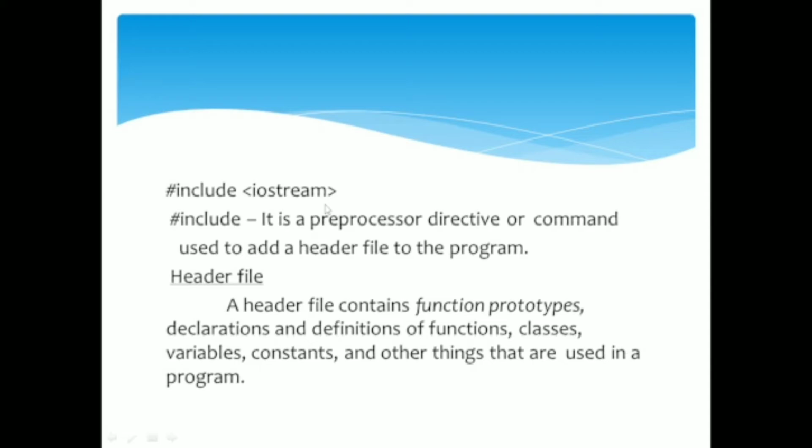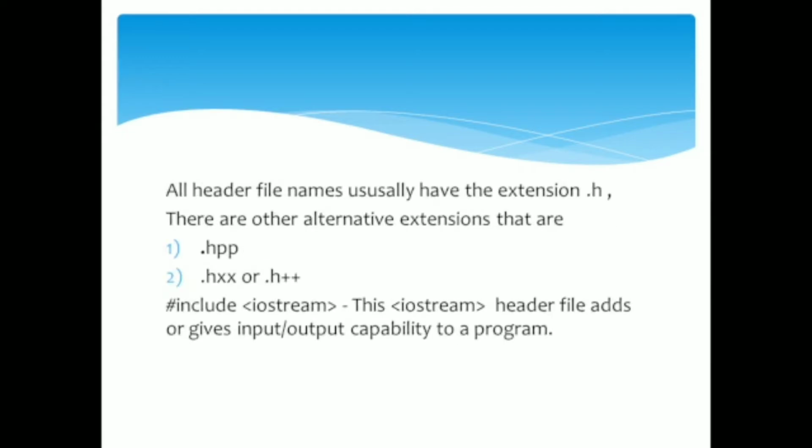Header file. A header file contains function prototypes, declarations and definitions of functions, classes, variables, constants, and other things that are used in a program. All header file names usually have the extension .h.